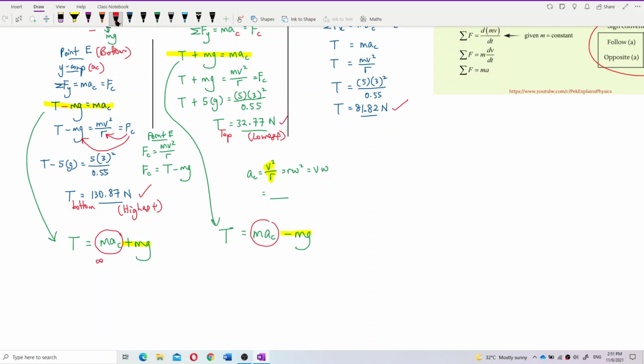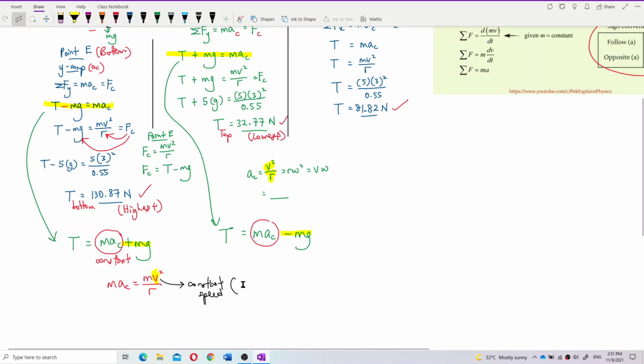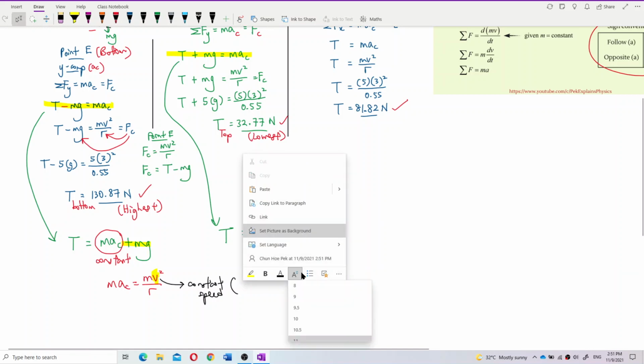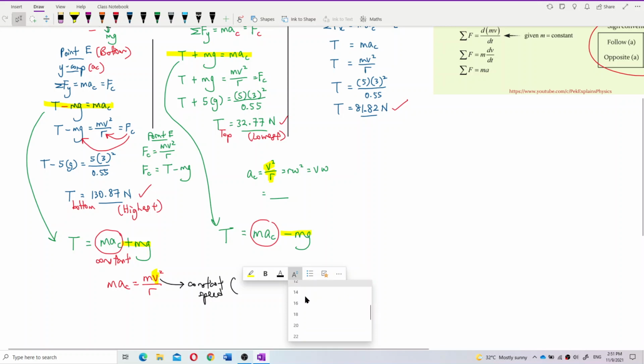Why constant? Because mac is mv squared over r. The v here is a constant speed, isn't it? Because of what? Let me write it down.